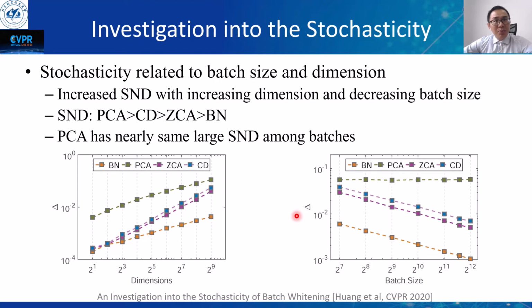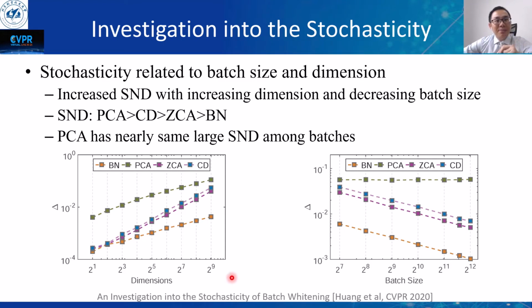For batch normalized networks, the stochasticity is related to the batch size m and the dimension d. Here, the left figure shows the SND of different normalization methods with respect to the dimensions.